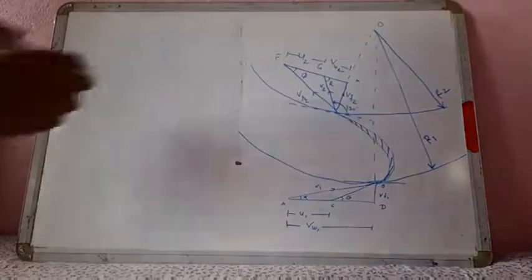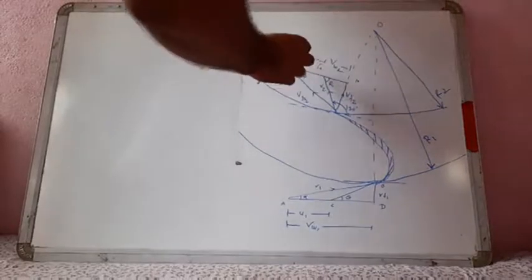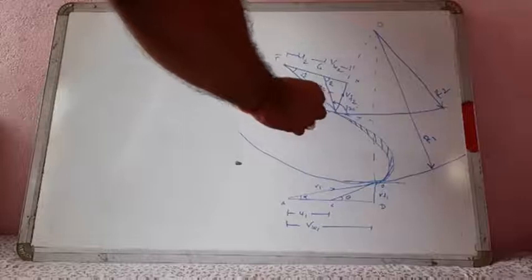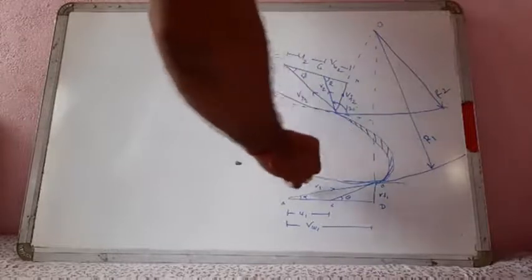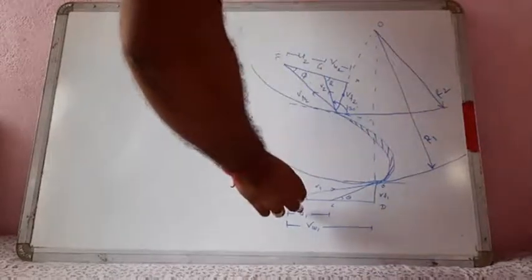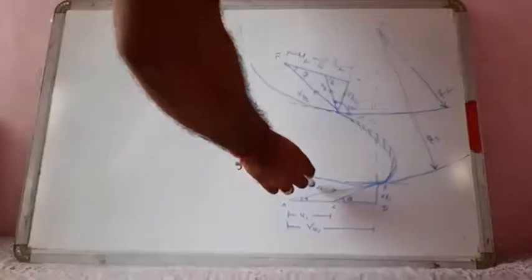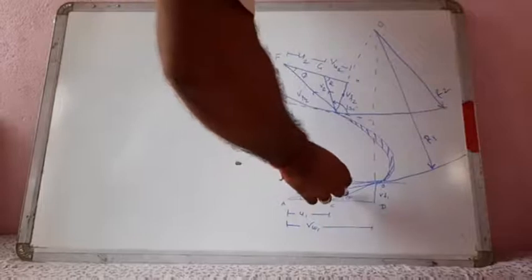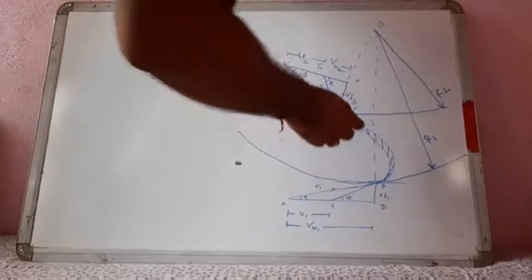Here, this is the outlet angle, this is a curved vane, and this is the inlet angle. This is U1, at angle alpha, V1, this is VW1, point C, this is theta, VF1.